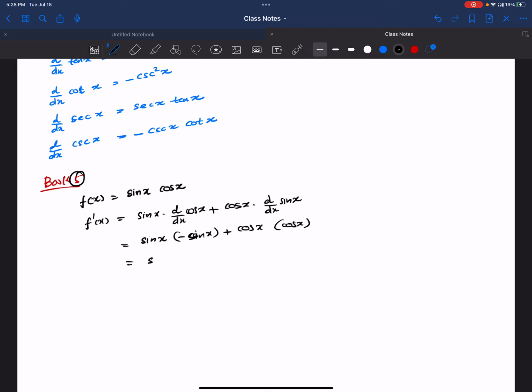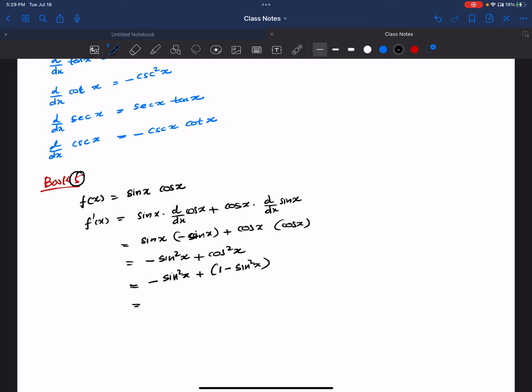So you have negative sine squared x plus cosine squared x. You can use some trigonometric identities, like it's negative sine squared x plus 1 minus sine squared x.